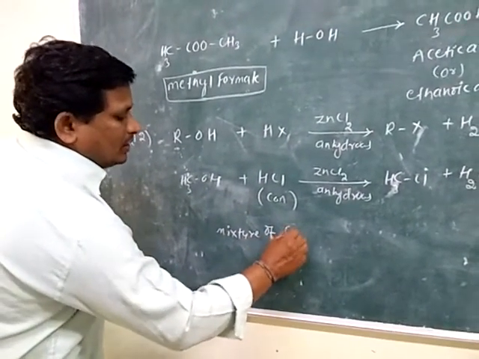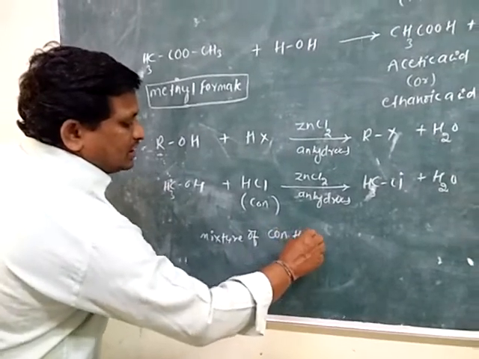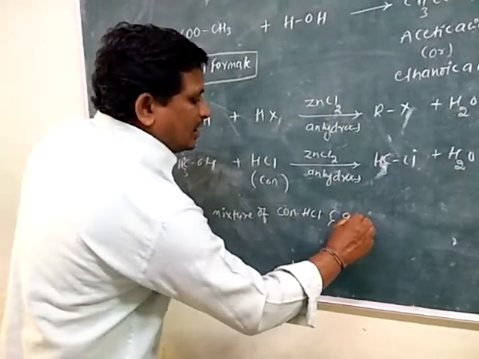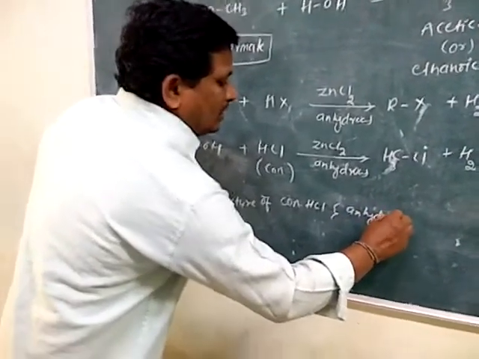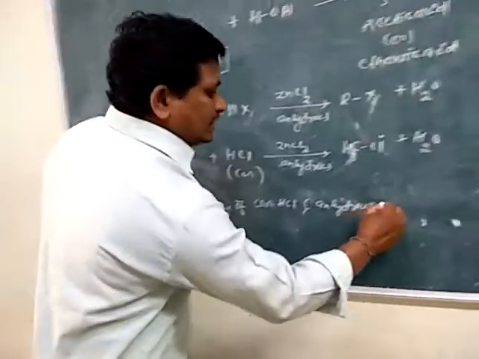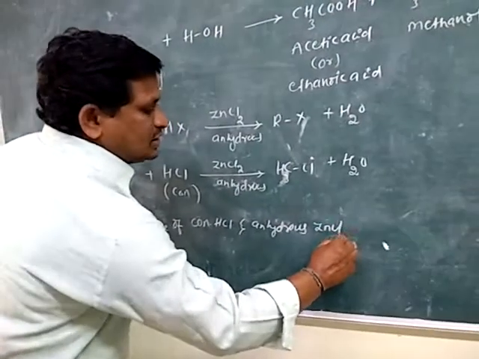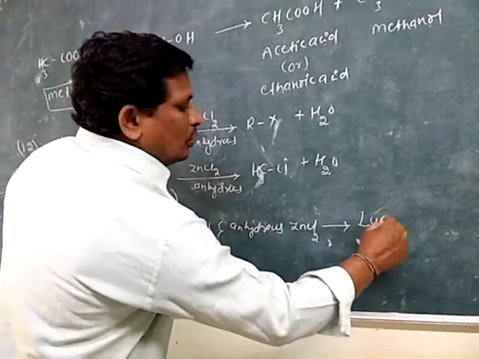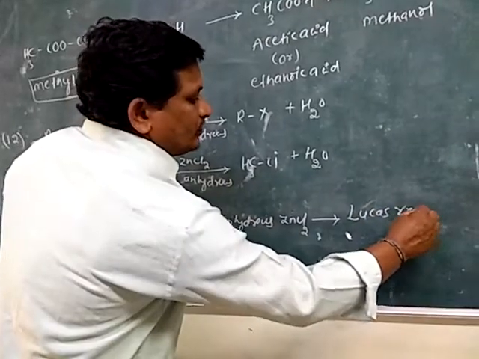In this process, the mixture of concentrated HCl and anhydrous ZnCl2 is known as Lucas reagent.